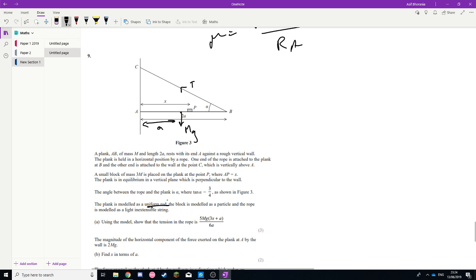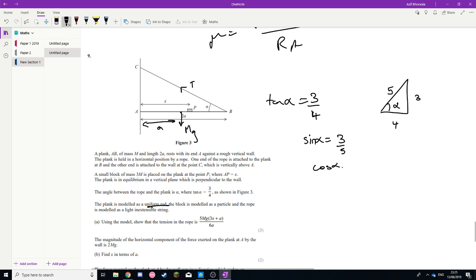The plank is in equilibrium in a vertical plane, which is perpendicular to the wall. The angle alpha has tan alpha equal to 3 over 4. If you know tan alpha is 3 over 4, then this is 5. 3, 4, 5. Sine alpha is equal to 3 over 5.